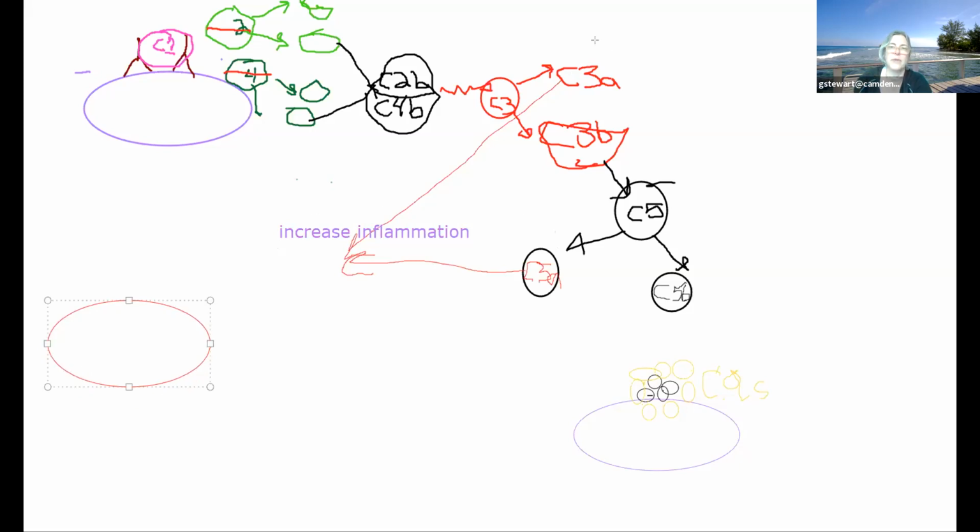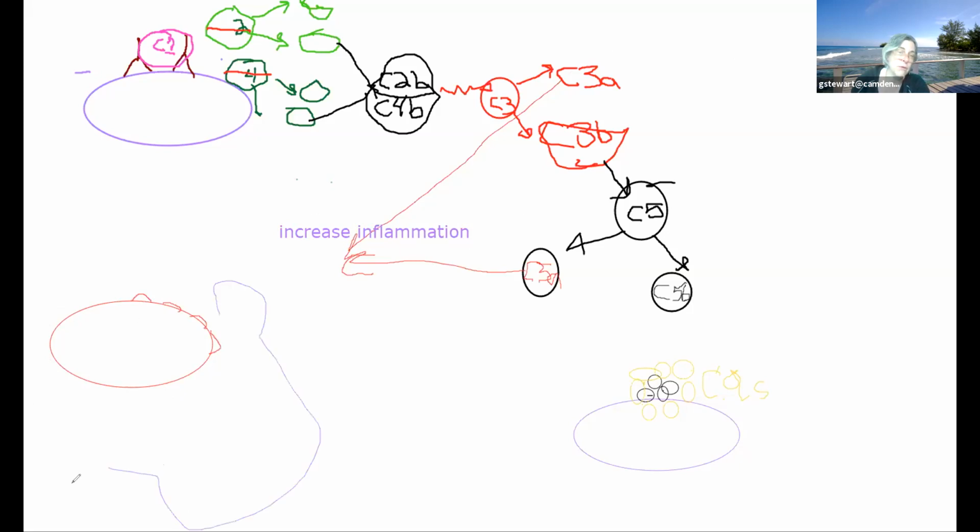And then lastly, I'll give myself one more bacteria over here. Some of the leftover C3b, once it's no longer active, it can actually stick to the surface of the bacteria. And this we're going to see is going to increase phagocytosis by macrophages.